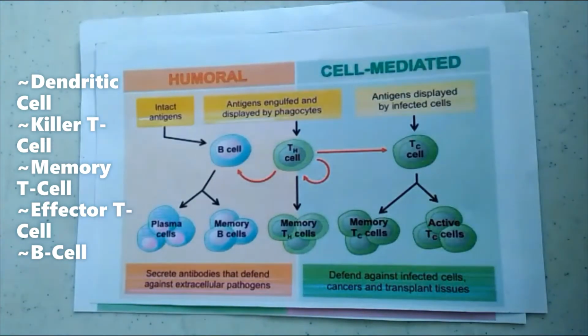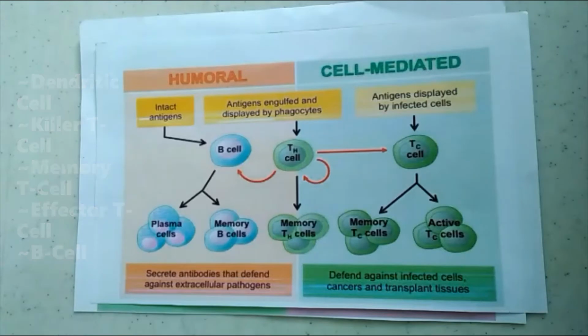And lastly, the B cell makes the antibodies against antigens, performs the role of antigen presenting cells, and develops into memory B cells after activation by antigen interaction.